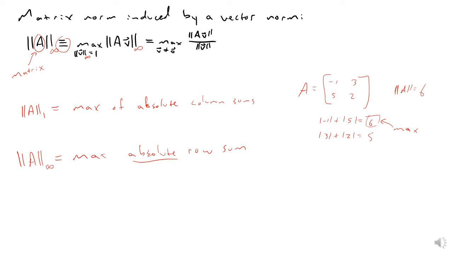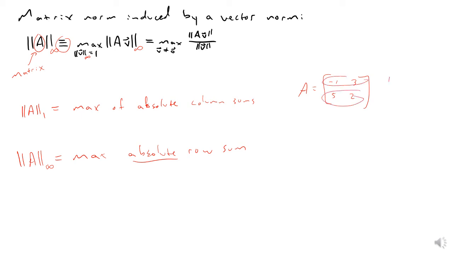All right, so if I take this same matrix and want to know the infinity norm for this matrix, the norm induced by the infinity norm for vectors, then I just add up across my rows.